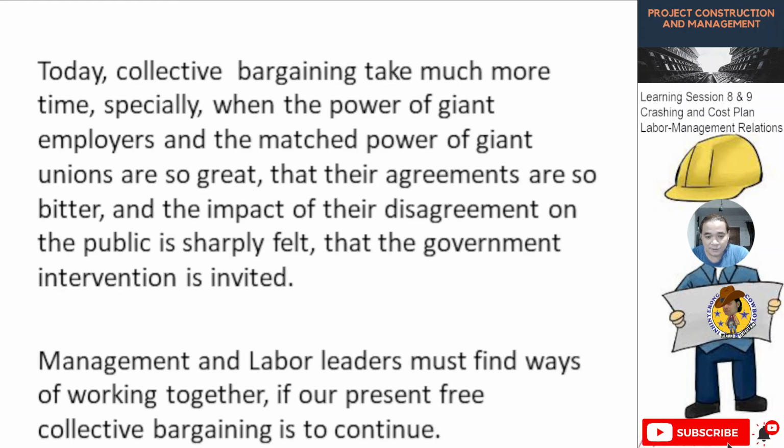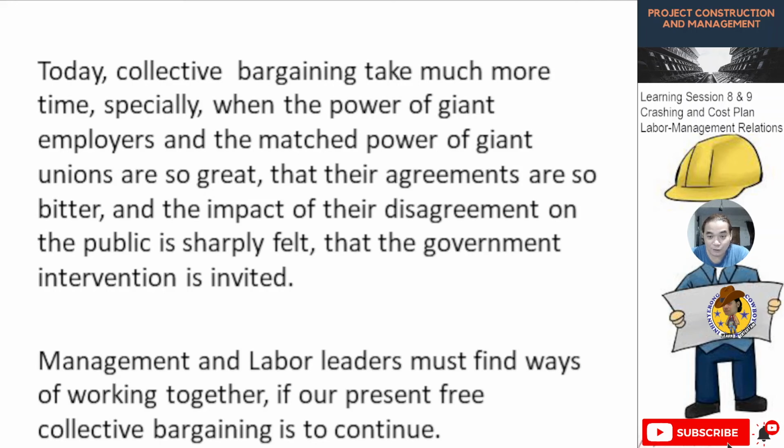Today, collective bargaining takes much time, especially with the power of giant employers and the great power of giant unions. This is present in big companies; big companies also have big unions.